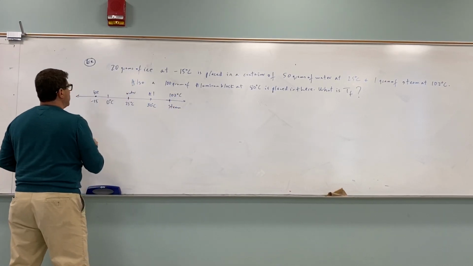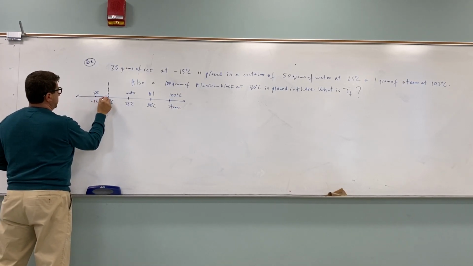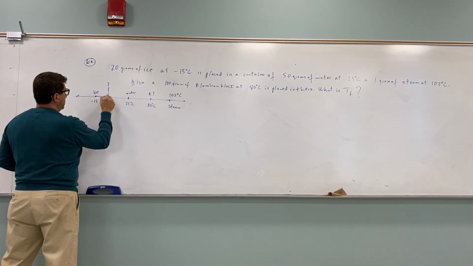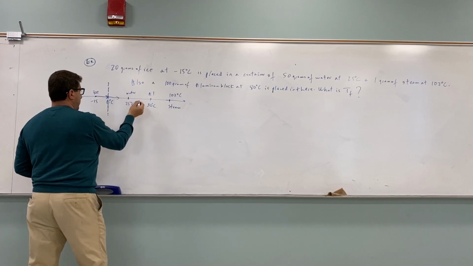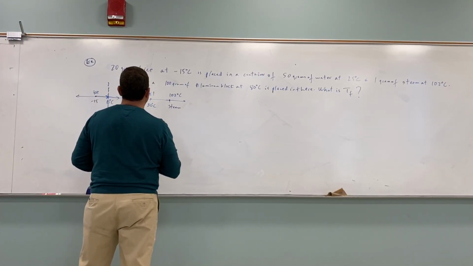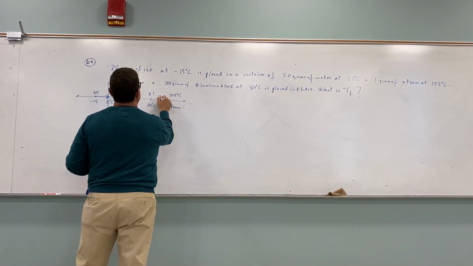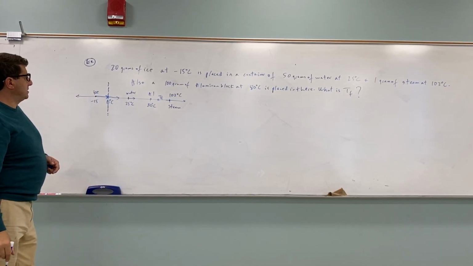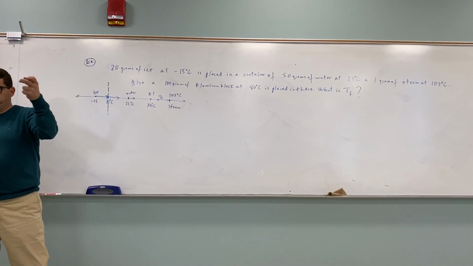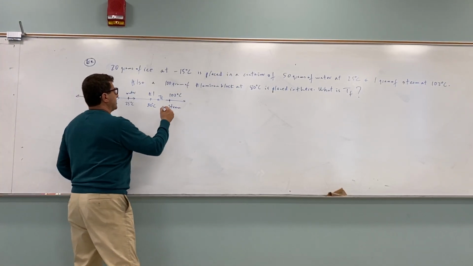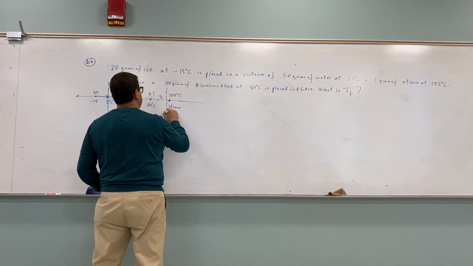Then maybe draw all the phase changes that could possibly happen. So the ice has to warm up, experience a phase change, then start warming up. Probably the water might warm up. We don't know what the final temperature is, but maybe it might be somewhere here. Because it does take a lot of heat to bring steam down, right? The steam starts out here at 102, but then there's a phase change at 100.